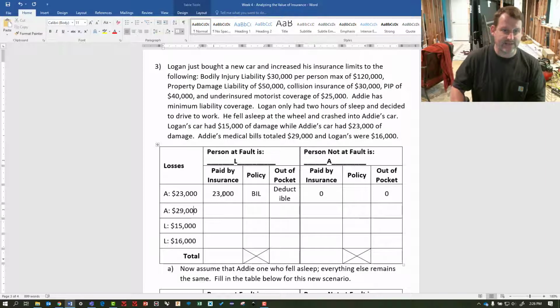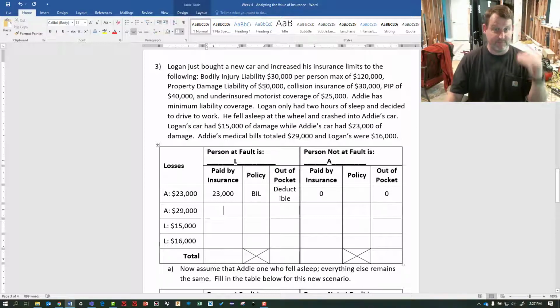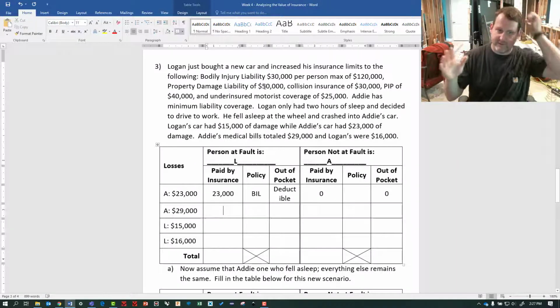Now, this is Logan's insurance again. Addie had $29,000 of damage to her vehicle. Luckily, Logan had $50,000 in property damage liability. He increased that from the standard $10,000 to $50,000. Again, it cost him more every month, but he felt like it was worth it.